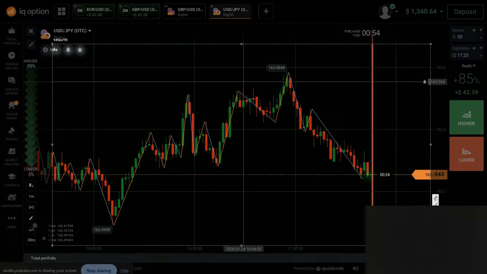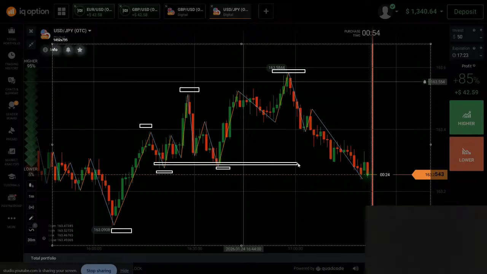So let me make it clear here. This is the higher low, higher high, higher low, higher high, higher low. This is a new higher high. Still the market doesn't break a new higher low. It is supporting this last higher low like this. Okay. So overall the scenario is like this.